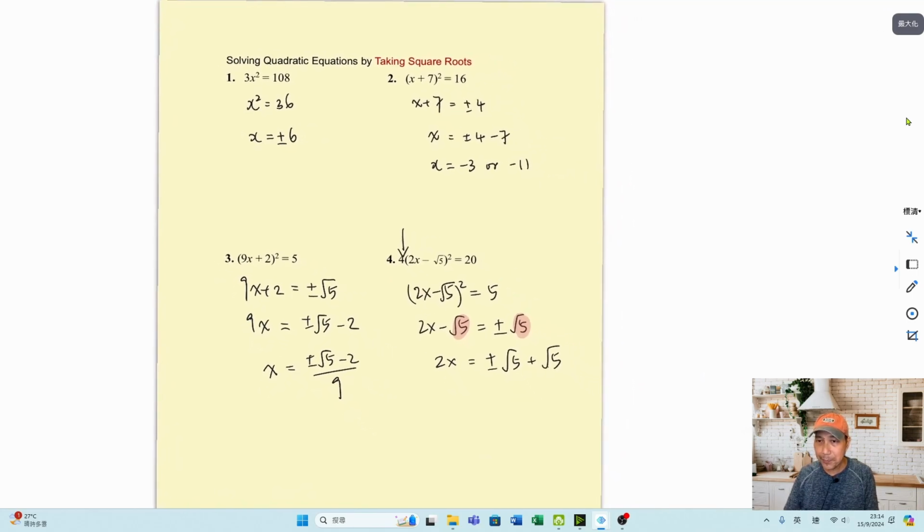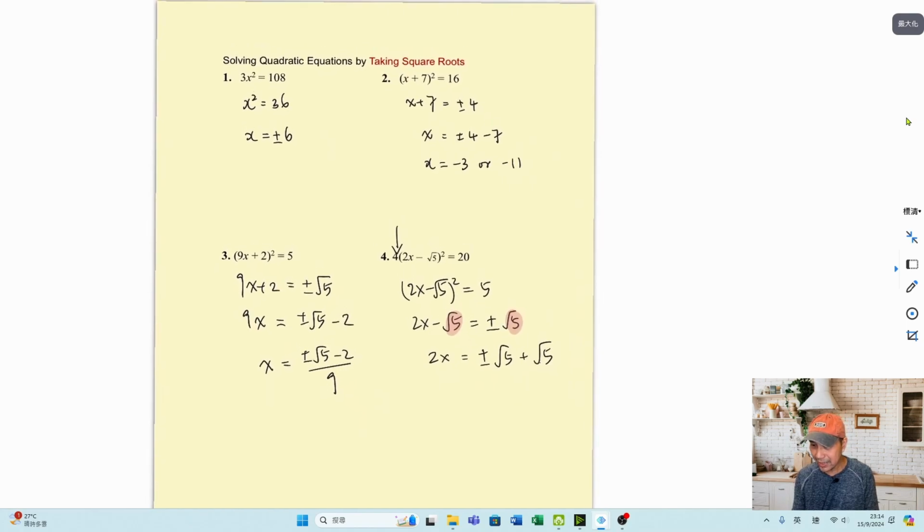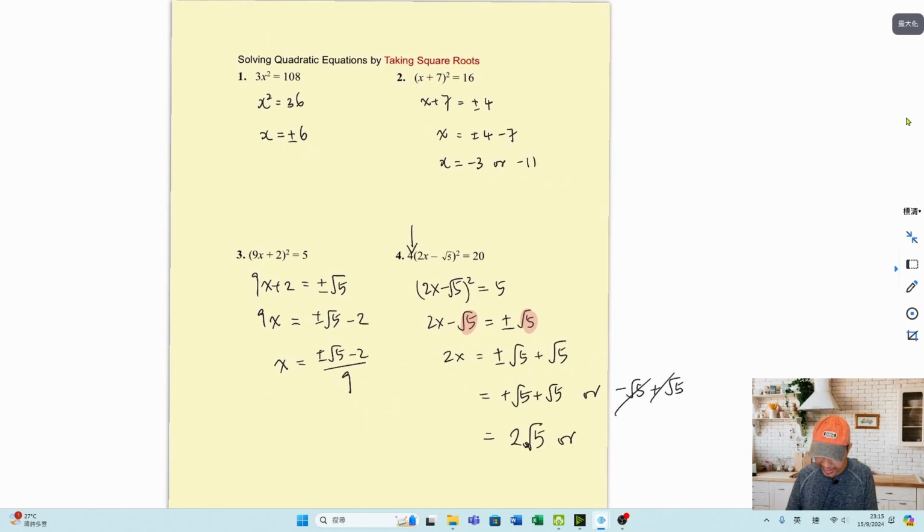Now we separate into two, because we can further simplify the right hand side. One of them is positive root 5 plus root 5. The other is negative root 5 plus root 5. The first one is 1 root 5 plus 1 root 5, which is 2 root 5. The second one, of course, they cancel. So the other answer is 0.